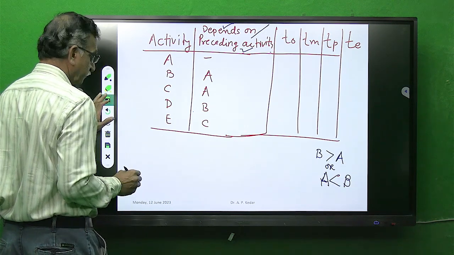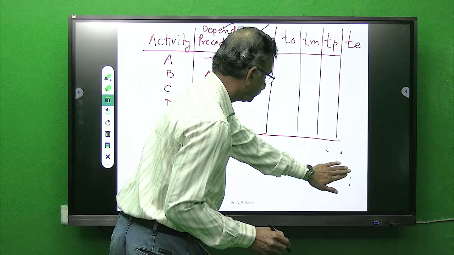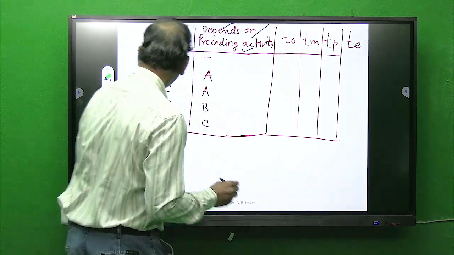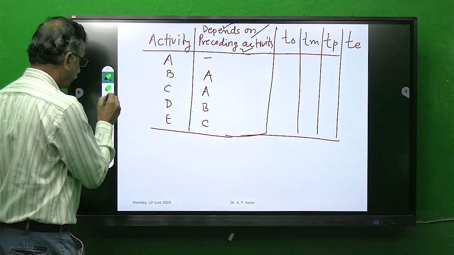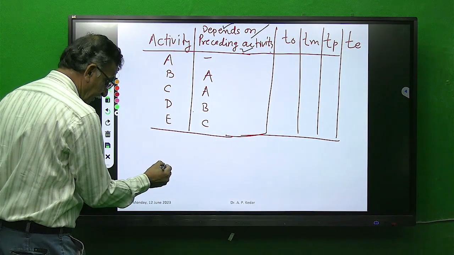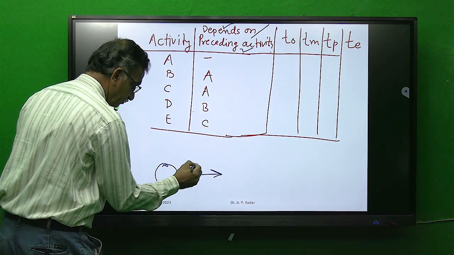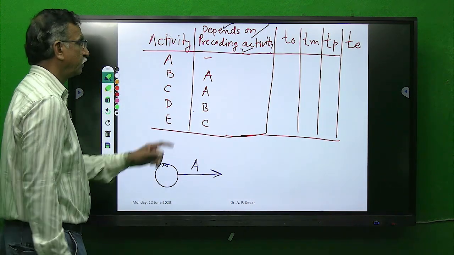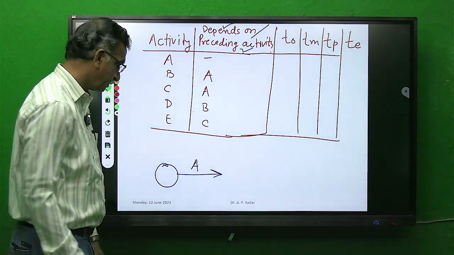Now, if this is the situation, then how should I proceed? See, very important. Since it is not depending on any activity, I will draw a simple network for this. A dash. A does not depend on any activity, dash.